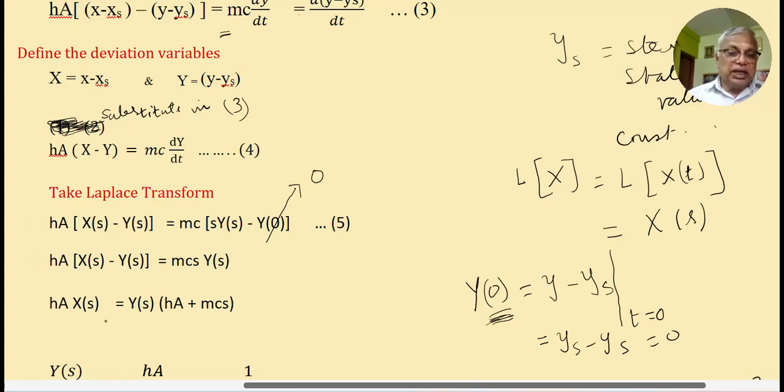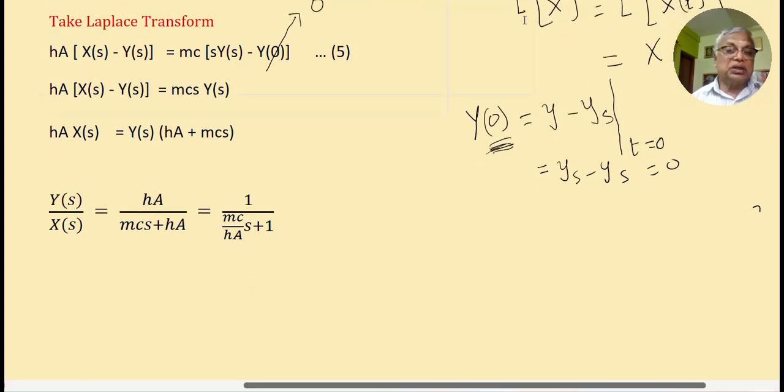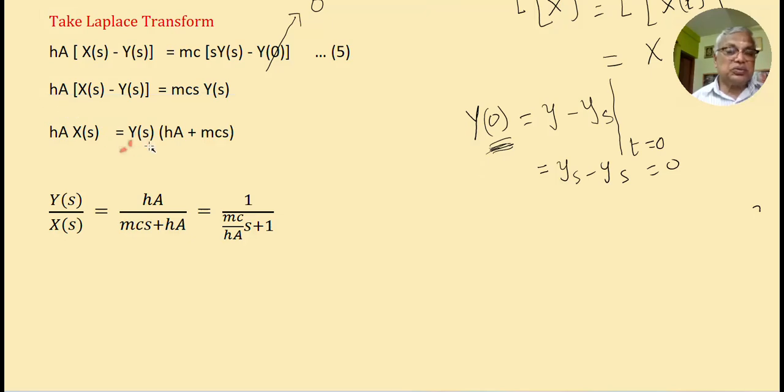If you rearrange, bring y of s to the right hand side, y of s into ha plus mcs. Now if you find y by x, it is ha by mcs plus ha.